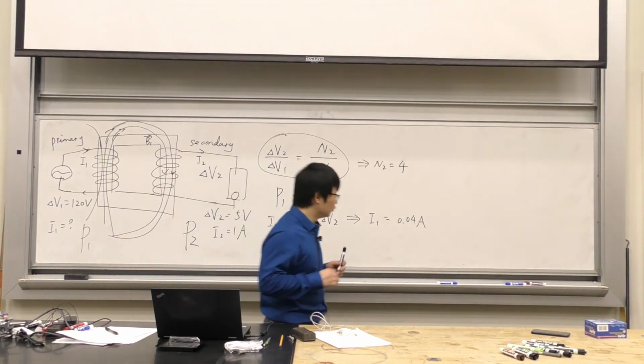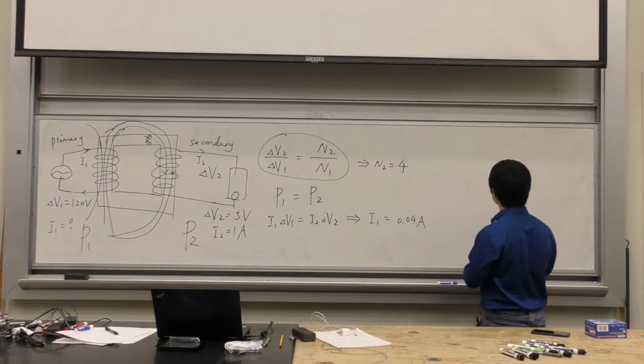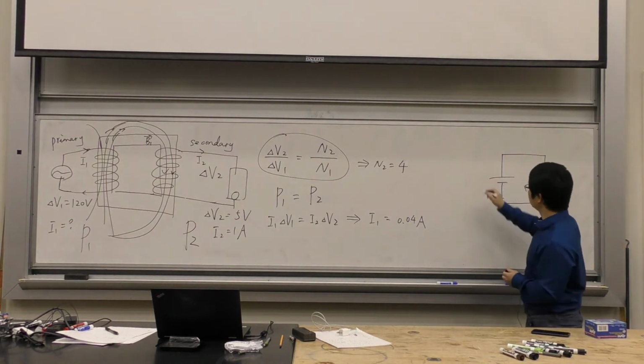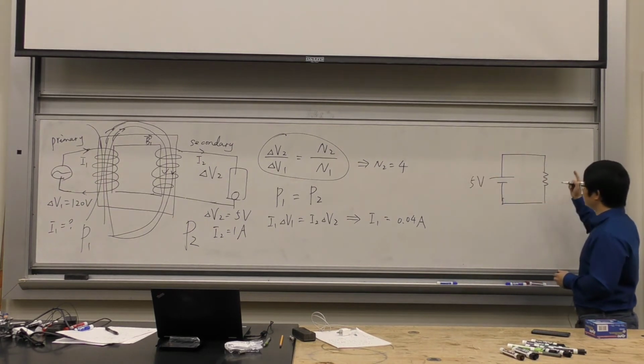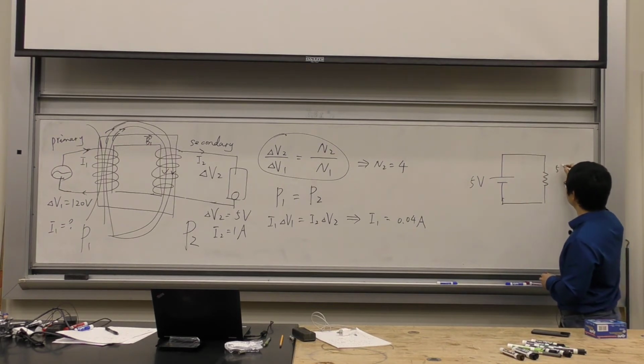Remember, we discussed that if you set up a connected circuit in lab, like this, and say this resistor is connected to 5 volts, and I want to find the current and power on it. Say it's 2 ohms.